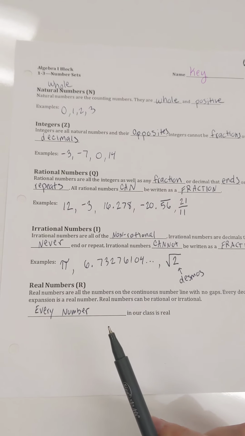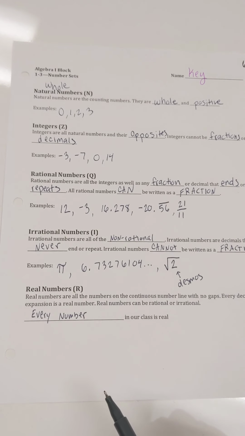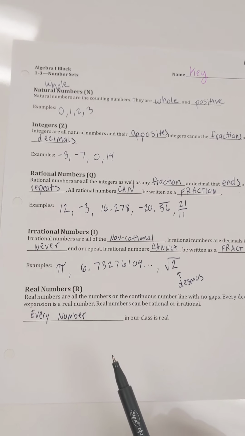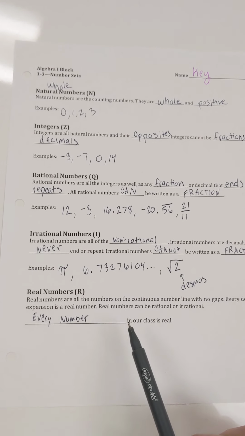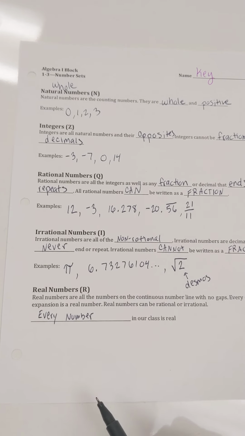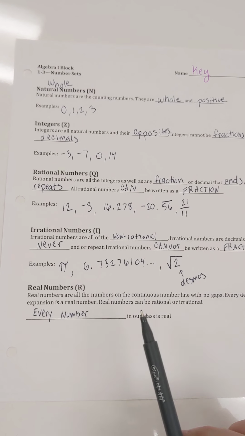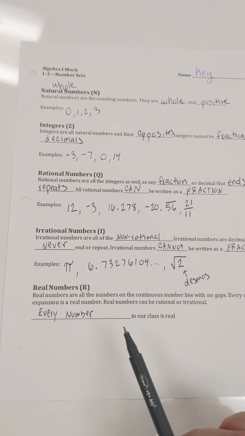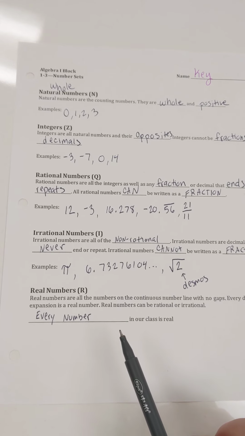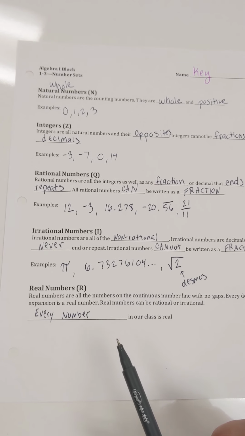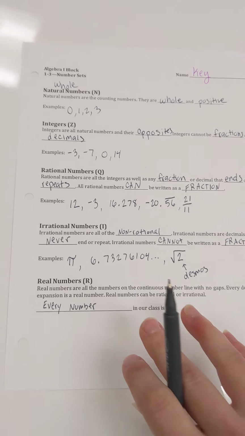There are such things as non-real numbers. You don't need to worry about those in Algebra 1. You will learn about them later. Every number in our class is real. So if I ask you if some number is real, you are going to say yes, because every number in our class is real. Now I want you to flip this paper over.